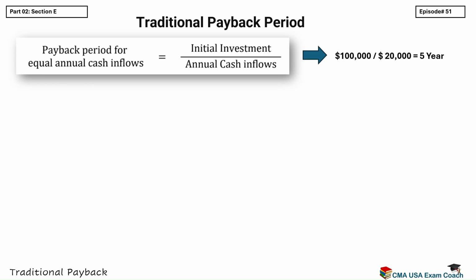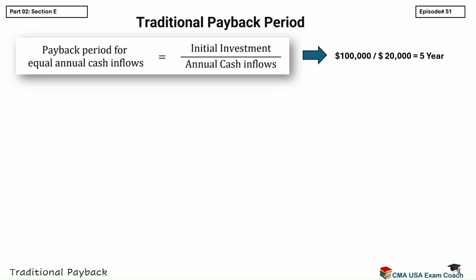So, we are simply dividing the total amount invested by the uniform cash inflow received each year. The result tells us the number of years it will take to recover the investment. This formula works only in cases where the annual cash inflows are equal or uniform. If the inflows are not equal, then we cannot use this direct formula. We will need to add the inflows year by year until the investment is recovered. That part we will see in the next example.